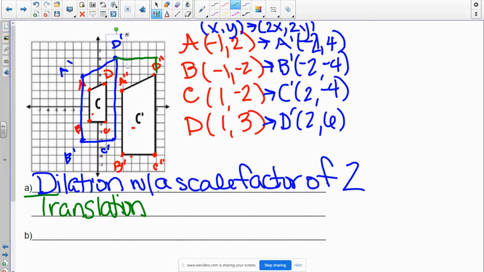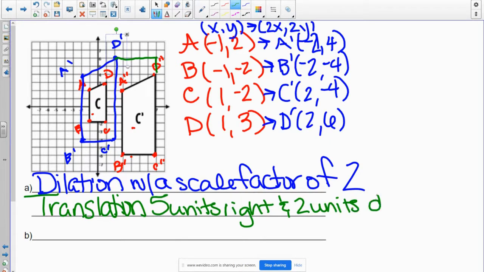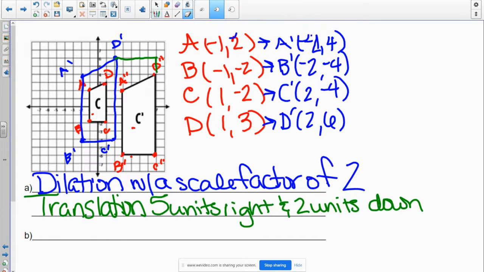So translation of 5 units right, it looks like, and 2 units down. So we do the actual math to see if I'm right on that. So this is now our new XY. And if I go 5 units right, which means I'm going to affect the X by adding 5, because going to the right is an addition idea, and going down is on the Y, which means I'm subtracting 2 on the Y.